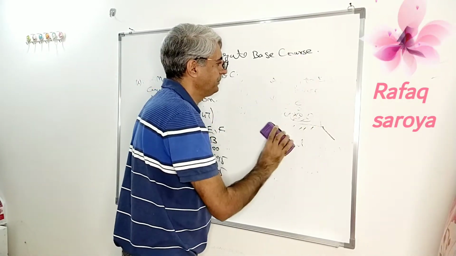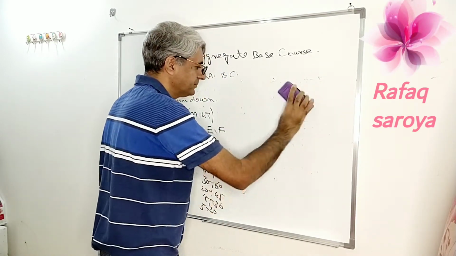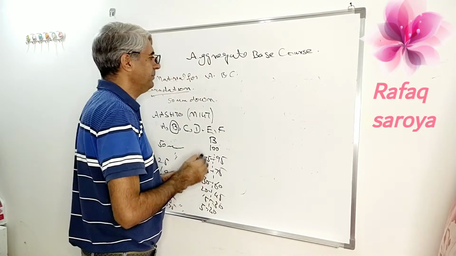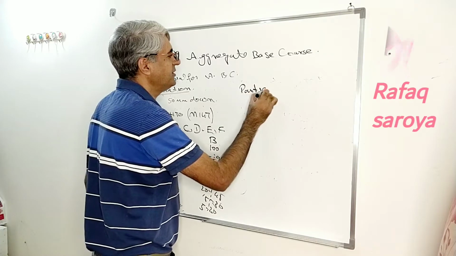After gradation, the second property which you should learn very well is the particle shape.